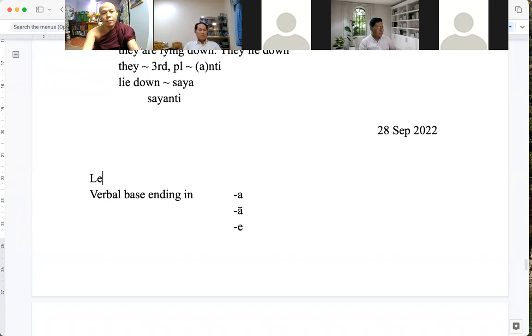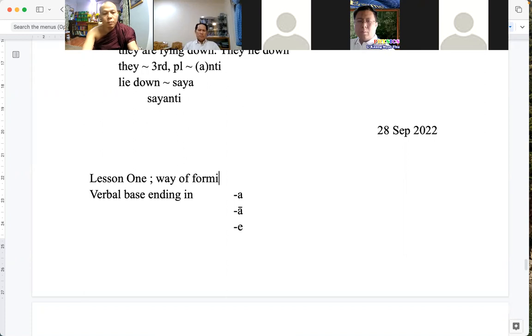In lesson 1, we learned forming the verb, then the present tense, and the first group conjugational sign.